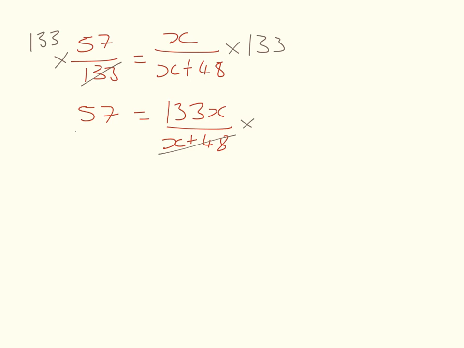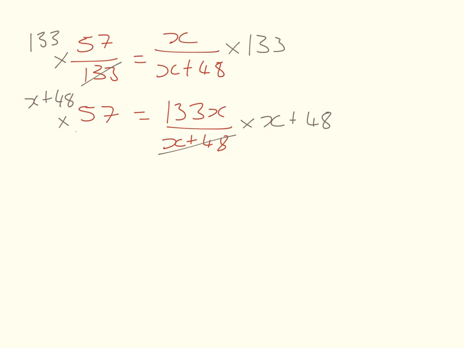To do that, I need to times it by x plus 48, because currently the x plus 48 is dividing that, so to get rid of it, I multiply. But whatever I do to one side, I need to do to the other, so I'm going to times that by x plus 48. Hurrah. Making sure that I times both the x and the 48 by 57.